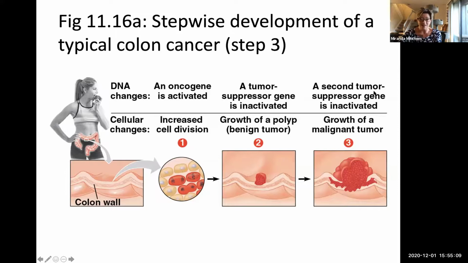Next, we have a second example happening. We've got another tumor suppressor gene that is inactivated, and this leads to the growth of the malignant tumor. So now we've got cancer. In stage 2, this is not malignant. Malignant means that there are cancerous cells and they have moved away from their original location.